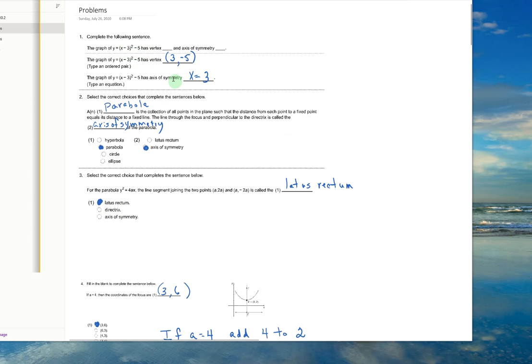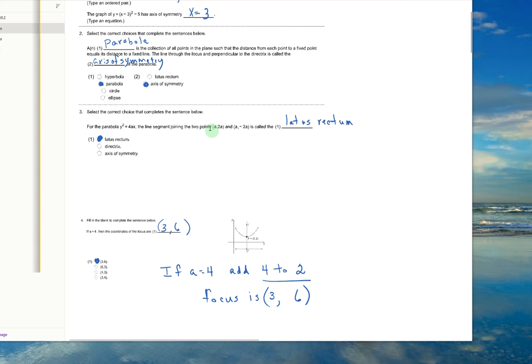And an axis of symmetry would be x equals 3, because it's always x equals that number. All right, select this. What form is the collection of all points in the plane? There's that definition that we had, and we know that's a parabola, and the line that goes through the focus and is perpendicular to the directrix is called the axis of symmetry.